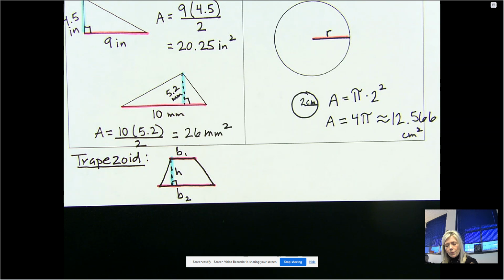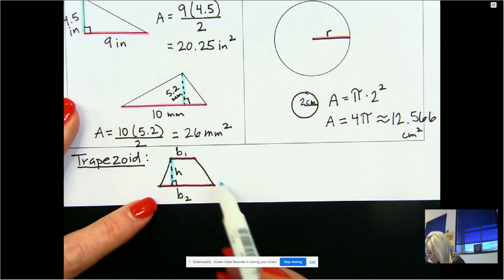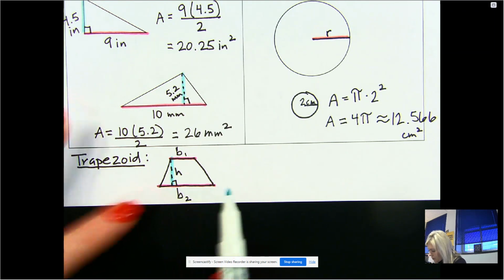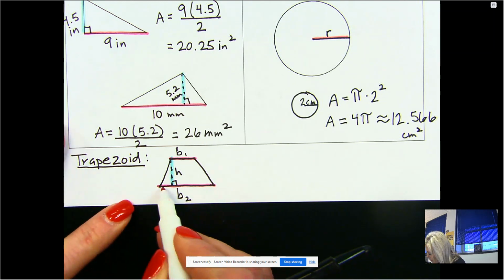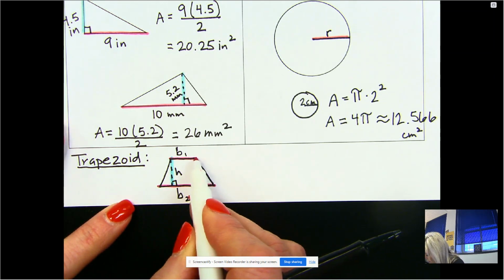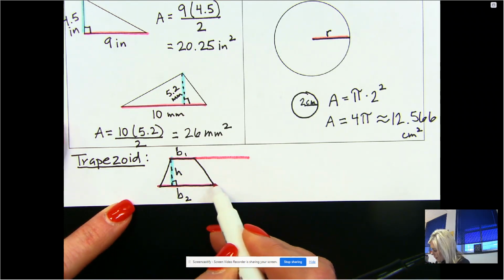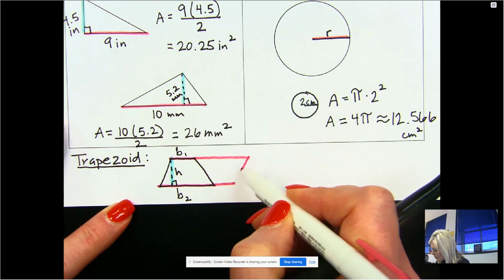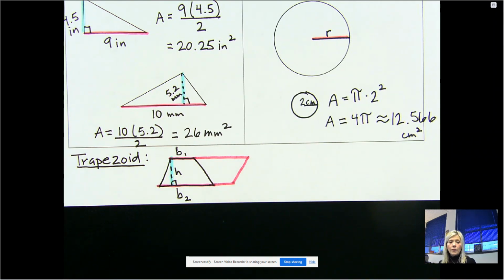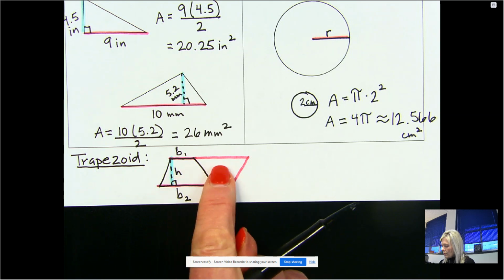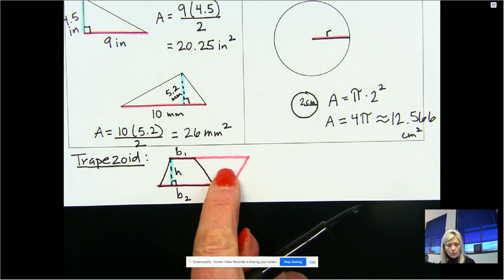When I think about this trapezoid, it reminds me mostly of a parallelogram, because if I were to take this distance right here, I'm going to use my other pen, and put it on the top, and then this shorter distance, add it to the bottom, it makes a parallelogram where these are congruent trapezoids.